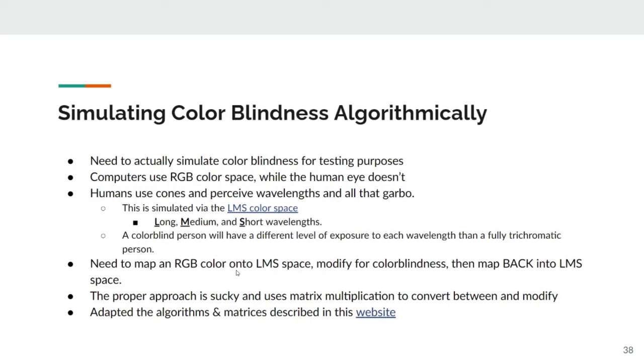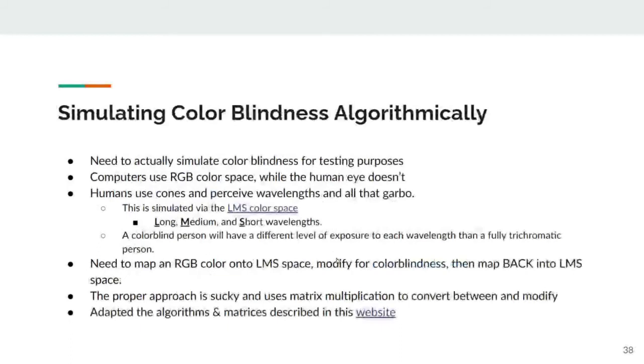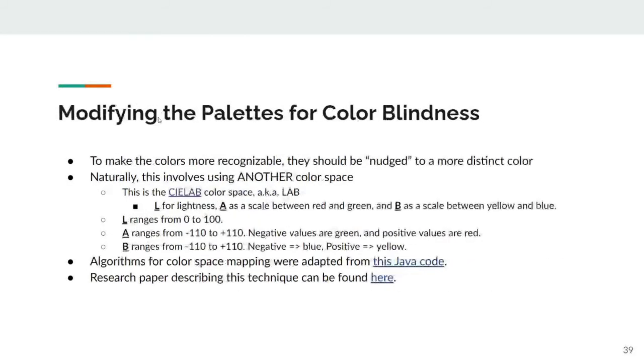So yeah, it kind of sucks. But thankfully, there were a lot of algorithms and matrices available online that I was able to use to ease the whole process of converting it to LMS and modifying for color blindness. That's that whole approach. And I just had to implement matrix multiplication on the side very poorly.